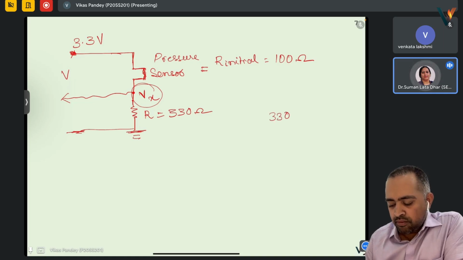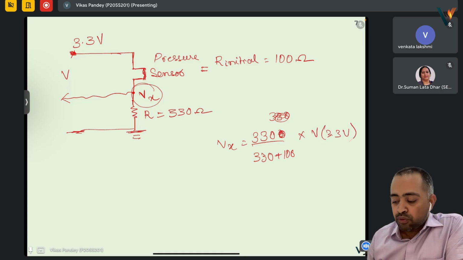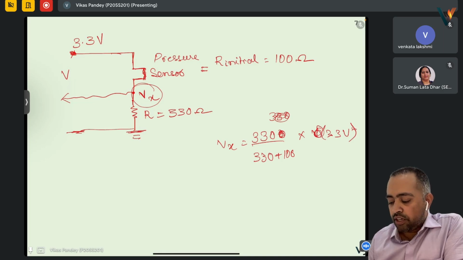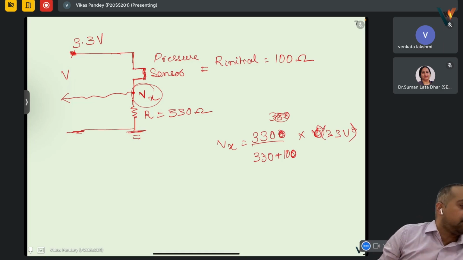As per the voltage divider rule, Vx will be equal to 330 ohm divided by the sum of the two, multiplied by 3.3 volt. 330 by 330 plus 100, multiplied by 3.3 volt.